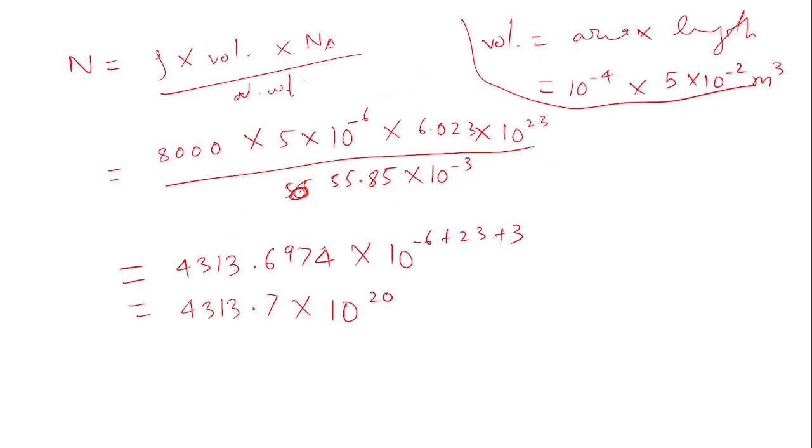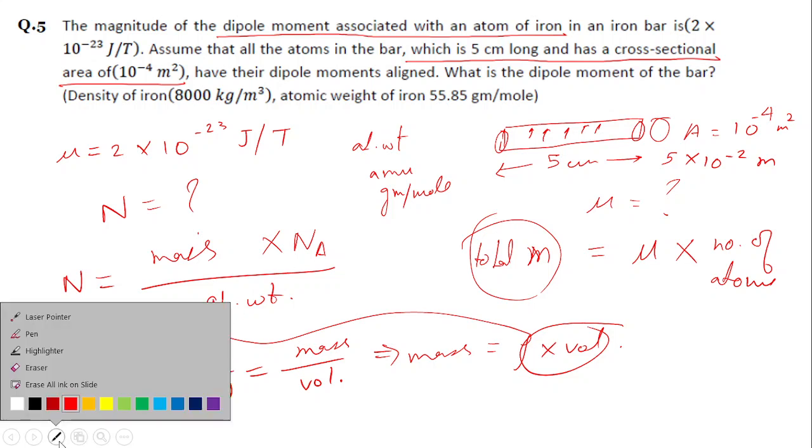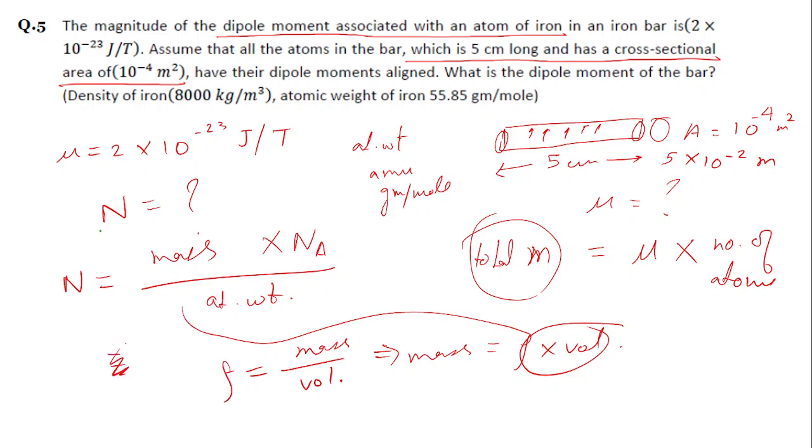And do I need to convert it into electron volt? Oh, sorry, I need to give you the options, right? Let me write the options here. So options were 7.9 ampere meter square, 8.6 ampere meter square, 9.8 ampere meter square, or 11.8 ampere meter square.